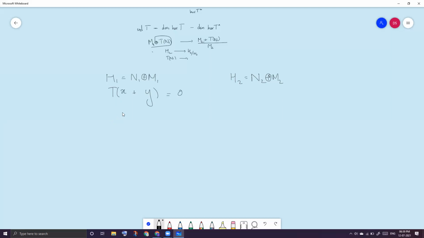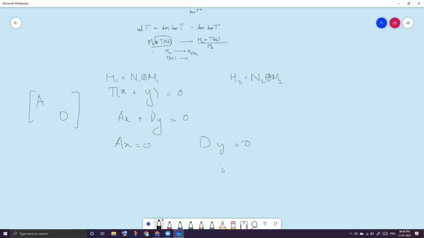But we know that T is of the form of a matrix with A and D on the diagonal. So what we have is Ah plus Dy is 0. Now Ah is in N2 and Dy is in M2, because A takes N1 to N2 and D takes M1 to M2. So they are 0 independently.